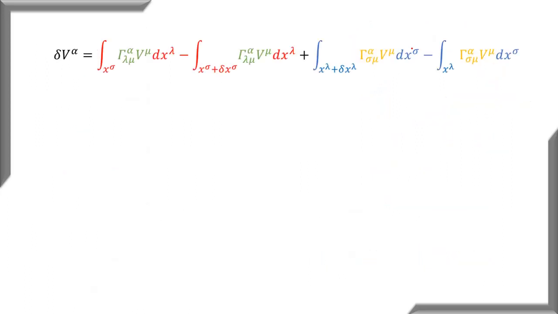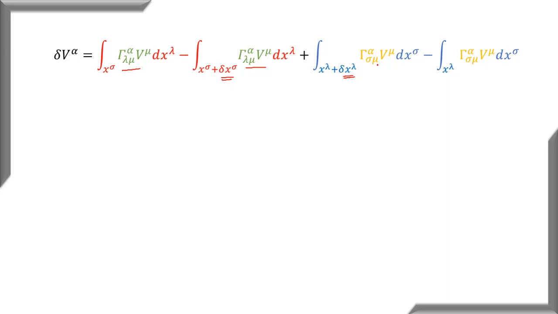Now we know that the functions here and here are the same, since they are parallel but offset paths, and they differ only by delta sigma, which is a very small deviation, and here also they deviate only by delta lambda, which is a very small deviation.